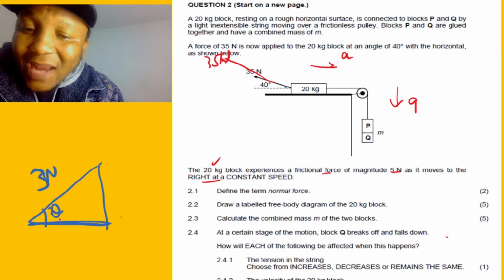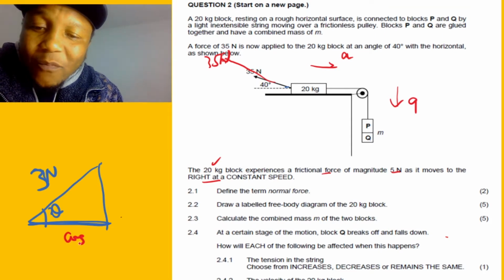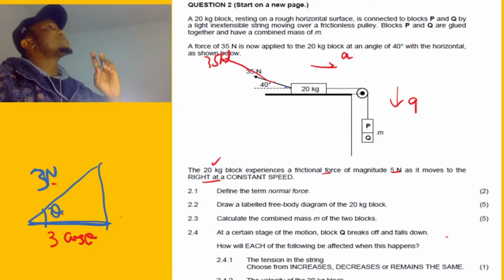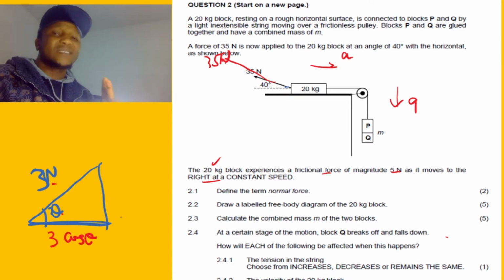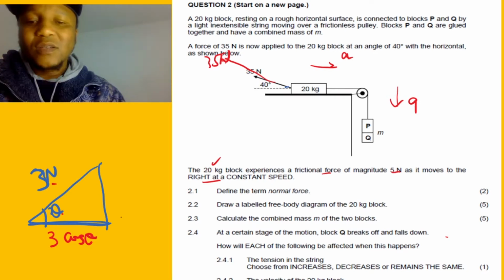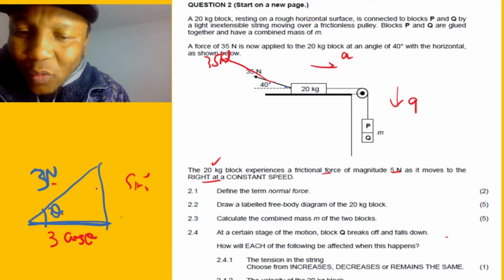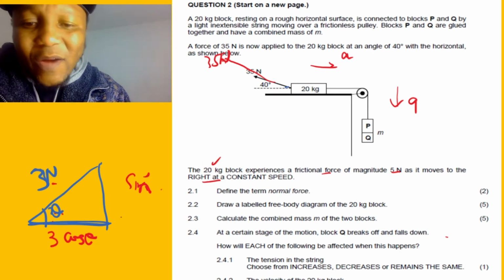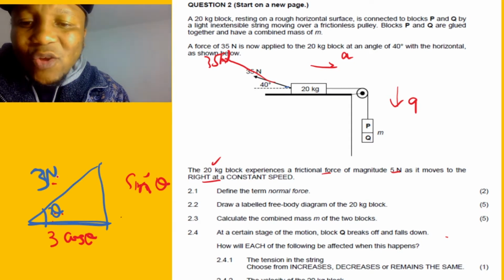So my adjacent is cos of my angle, and you always multiply by the hypotenuse, so multiply by 3. Don't even say SOHCAHTOA or whatever. Adjacent is cos, it's simple like that. What about opposite? Opposite is sine. So sine of my angle, theta, multiplied by the hypotenuse 3. But if it's 40, you write 40. If it's 60, you write whichever angle.